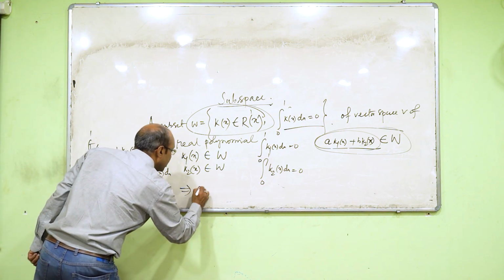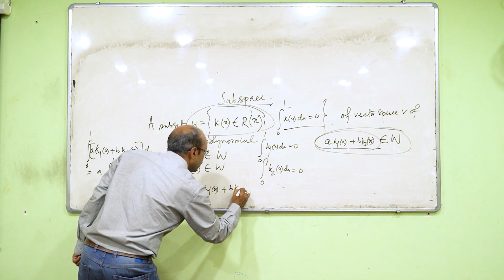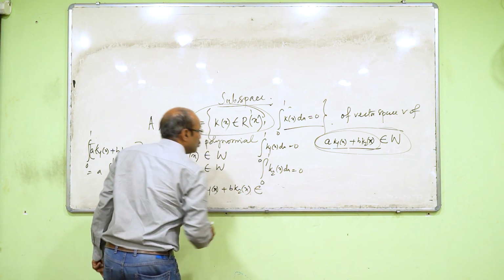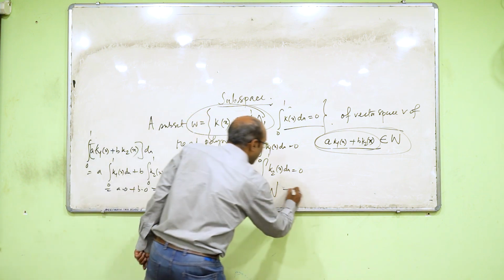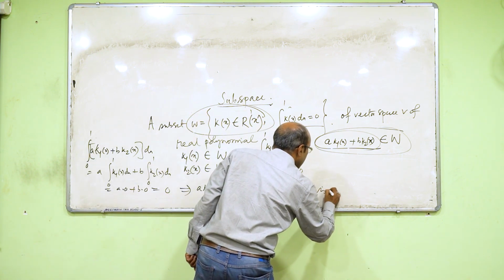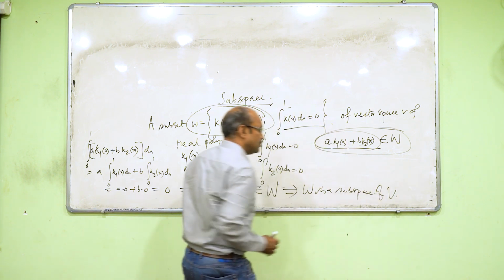Which implies A K1x plus B K2x belongs to capital W, and which implies capital W is a subspace of capital V.